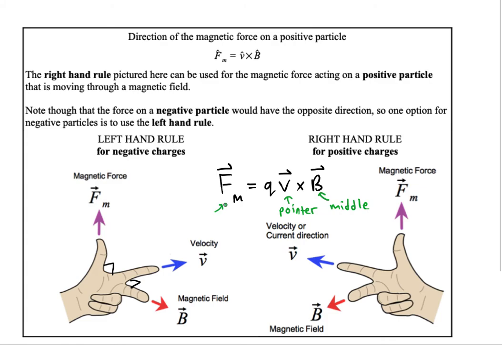And then the result is the thumb, see? But notice that there's a Q out front of the formula. And that Q can be positive or negative, depending on the particle that's feeling the force.